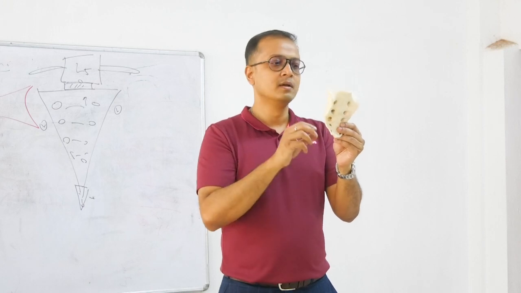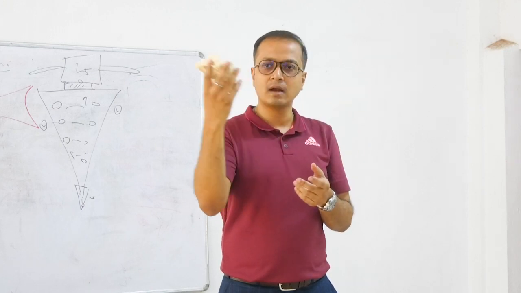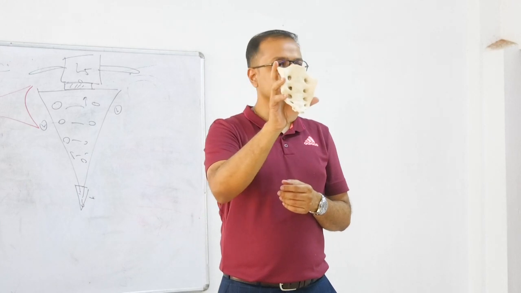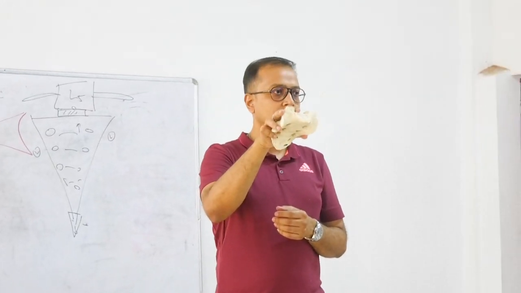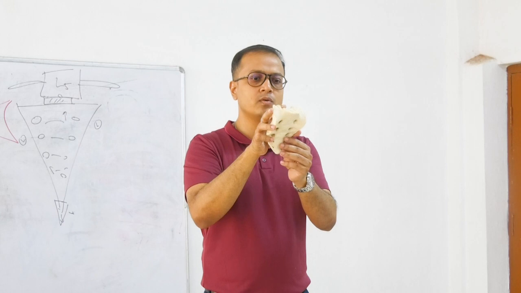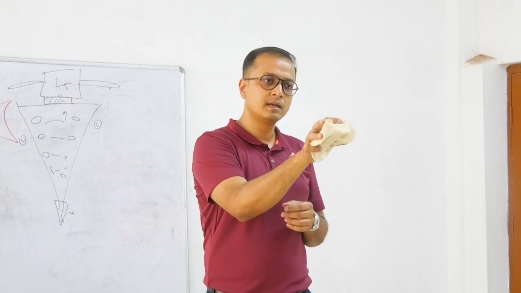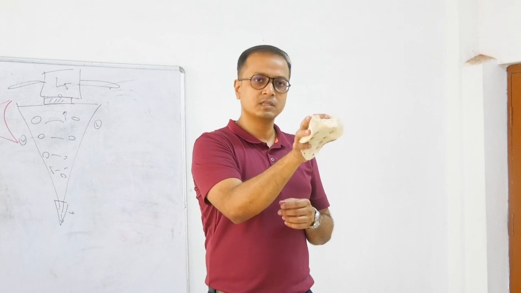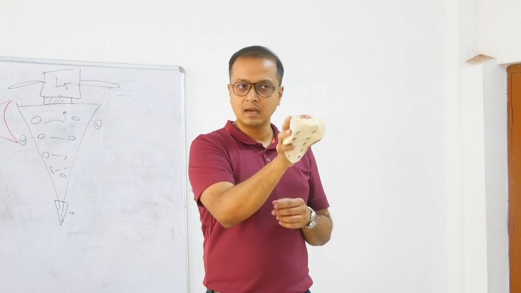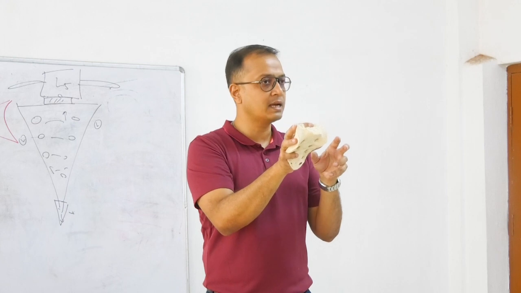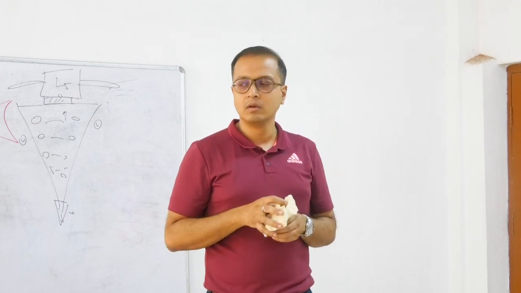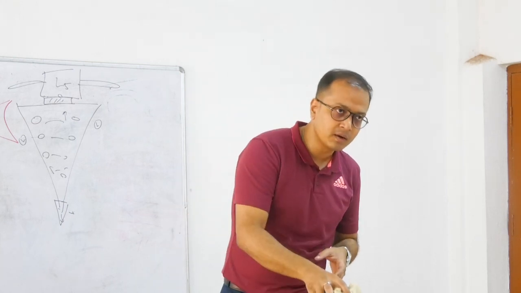Now whenever you are holding this bone in anatomical position, it won't be like this. It will be tilted forward and down. So you should hold it at the midline and in a tilted position. This we call the anatomical position of the sacrum, as if the sacrum is picking up something round from the ground.